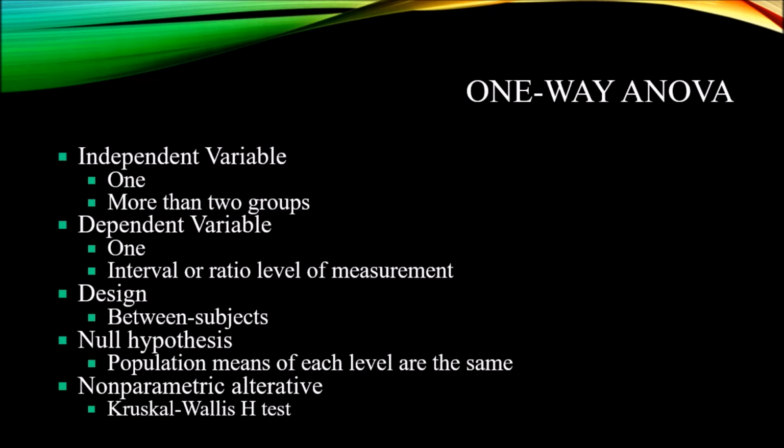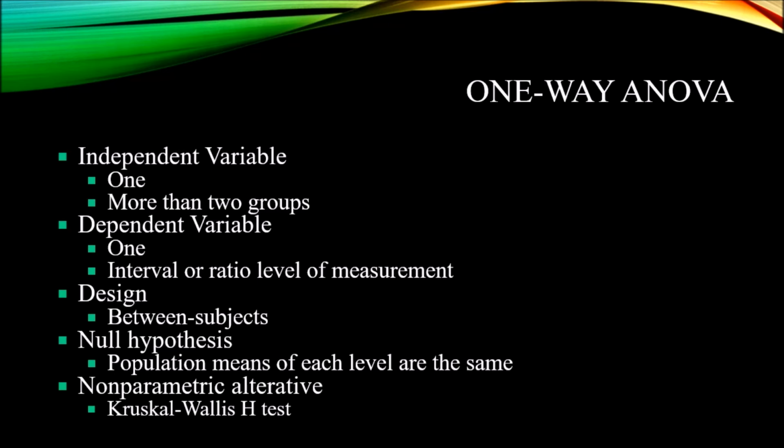So in the example that I've been using, if you get a statistically significant result, looking at the difference in anxiety levels between CBT, psychodynamic, and treatment as usual, you don't know if that difference is between CBT and psychodynamic, CBT and treatment as usual, or psychodynamic and treatment as usual. That difference is not identified by ANOVA.